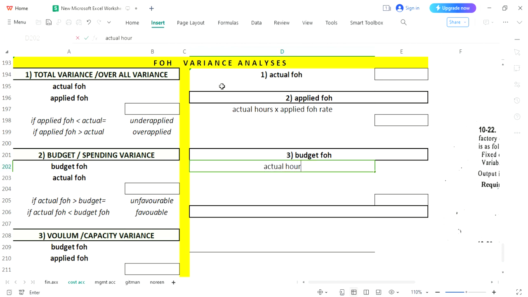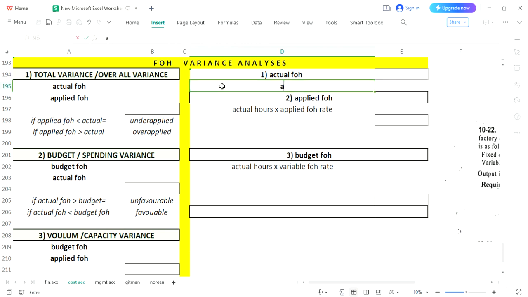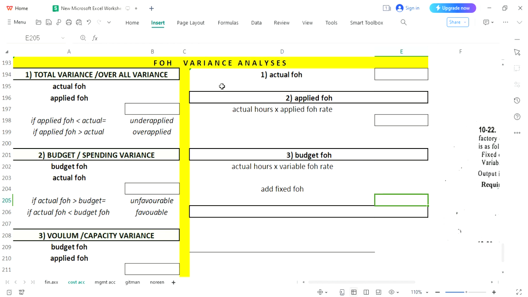So here actual hours would be multiplied by variable FH rate, and then you will add fixed FH. The sum of both of these lines would be your budget FH. Then you need to calculate applied FH rate.